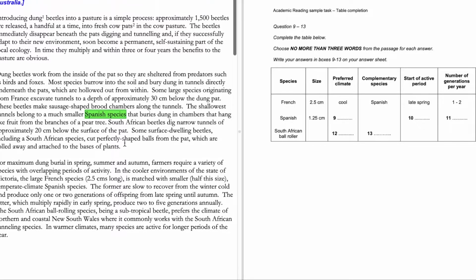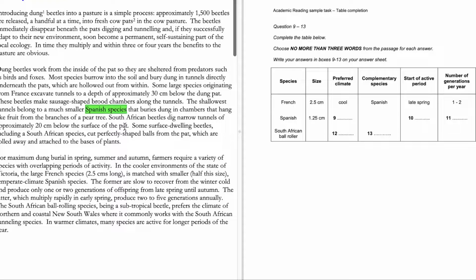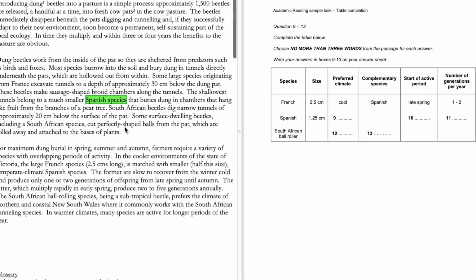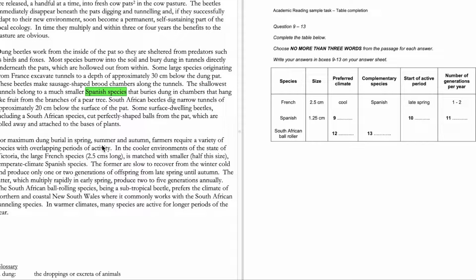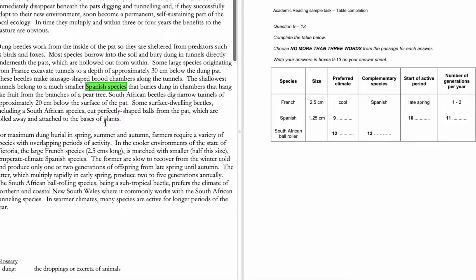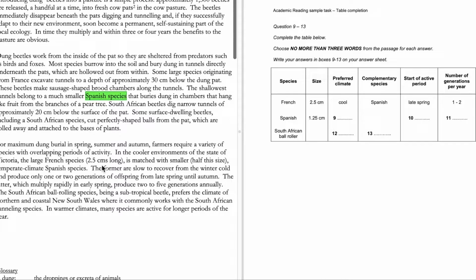Here in the second paragraph they're just saying about Spanish species, but about the tunnels, about the species itself, but nothing about the climate. So we're gonna go further to the last paragraph where we are seeing this Spanish species again. I'm gonna highlight it, and so they were just saying that they prefer temperate climate here in this sentence.